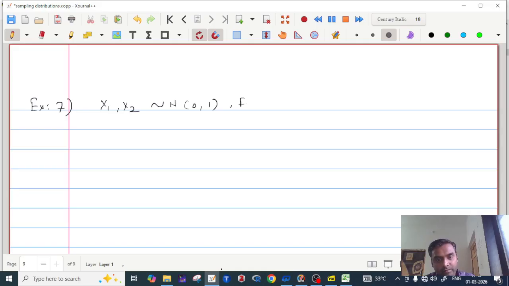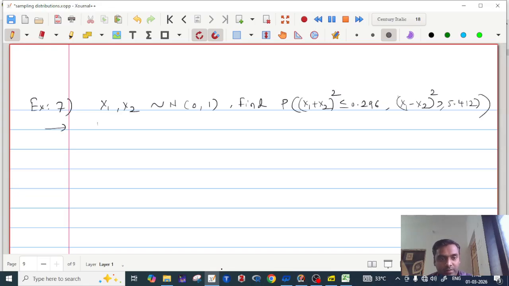Find the probability of (X1 plus X2) square less than or equal to 0.296, and (X1 minus X2) square greater than or equal to 5.412.